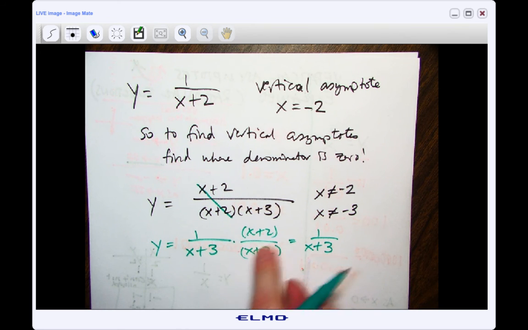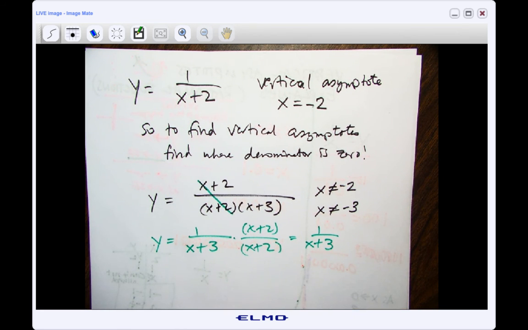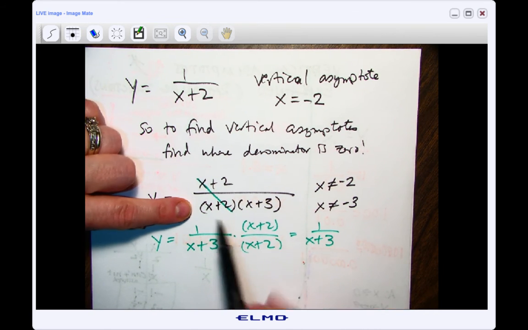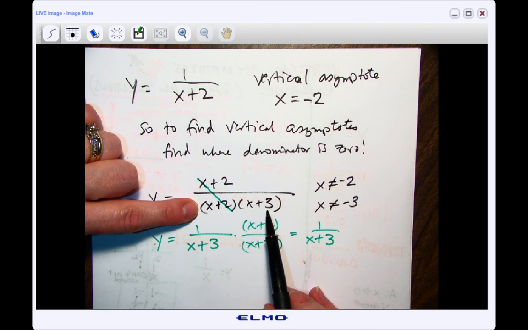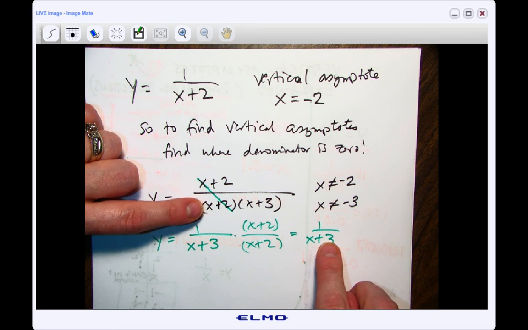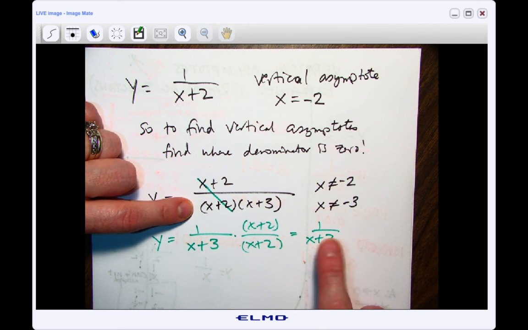So this and this are the same, except, remember when we were doing our multiplying and dividing and simplifying and stuff, we always had to go back to the original one to find the excluded values. This and this are actually the same thing, except this one, we eliminated one of the excluded values.